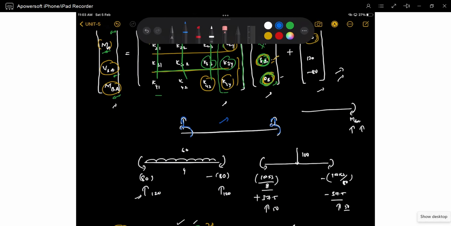That's why they took it. But some take clockwise as positive. I will do the problems in that way, but you can choose your way. Sign conventions are your choice.